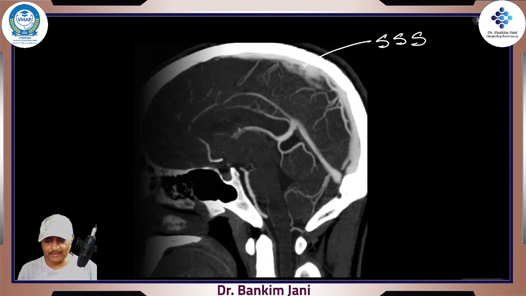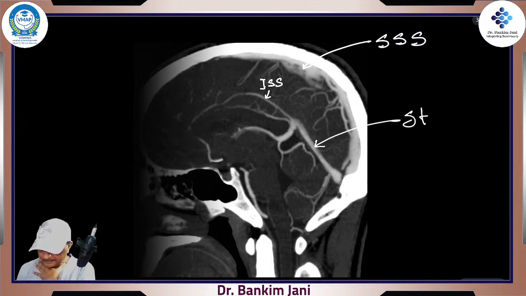So this is the superior sagittal sinus. Then how wonderful, this is the inferior sagittal sinus, and this is the area where everyone is meeting. So this one would be the straight sinus.